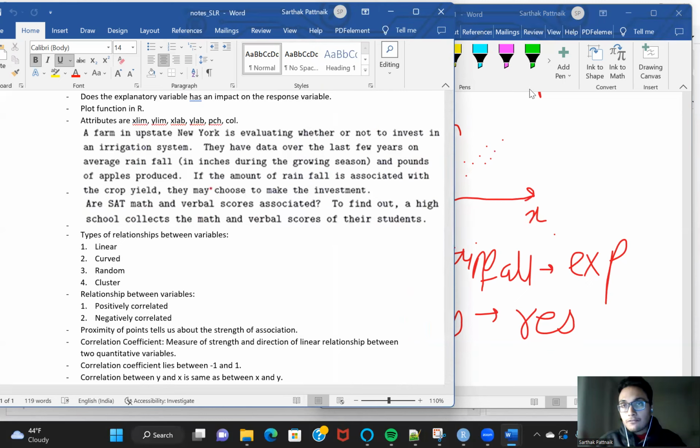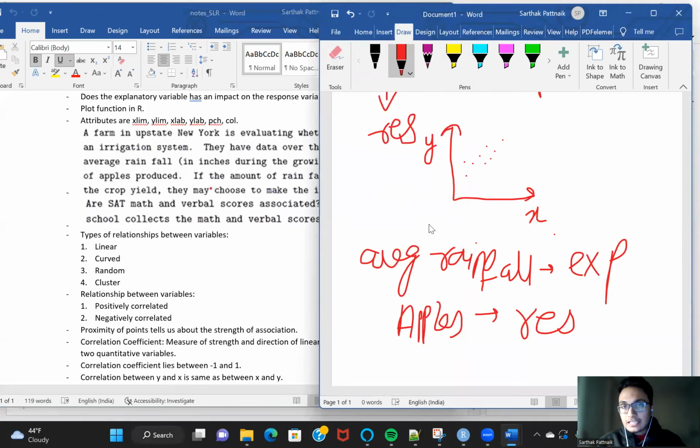Now, if you look at scores in an exam for mathematics and verbal for an SAT test, you know that your score in mathematics will not have an impact on your scores in the verbal examination because the content of both the math exam and the verbal exam are different. And good performance in one does not guarantee good performance in the other.